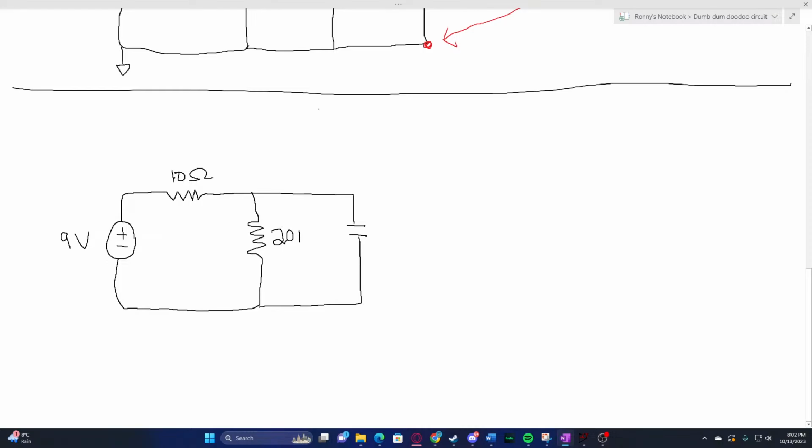Oh, whoops. That's not going to be 20k. That's 20k in parallel with 50 ohms.